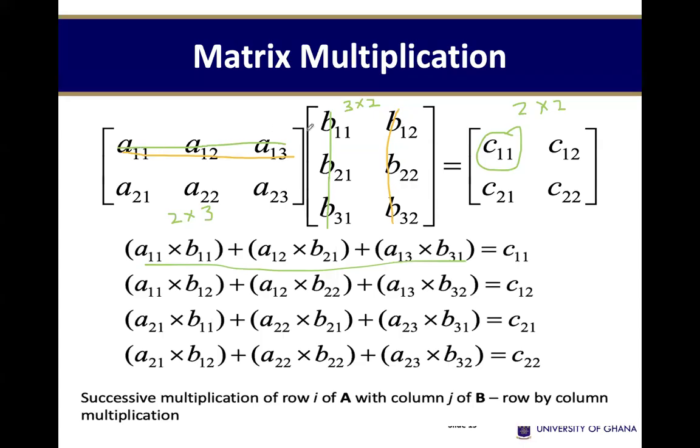It's going to be A11 times B12, which you can see here, plus A12 times B22, which you can also see here, plus A13 times B32, which you can also see here. And that should result in C12. And change the color. You go to the second row in the first matrix. So we pick this.